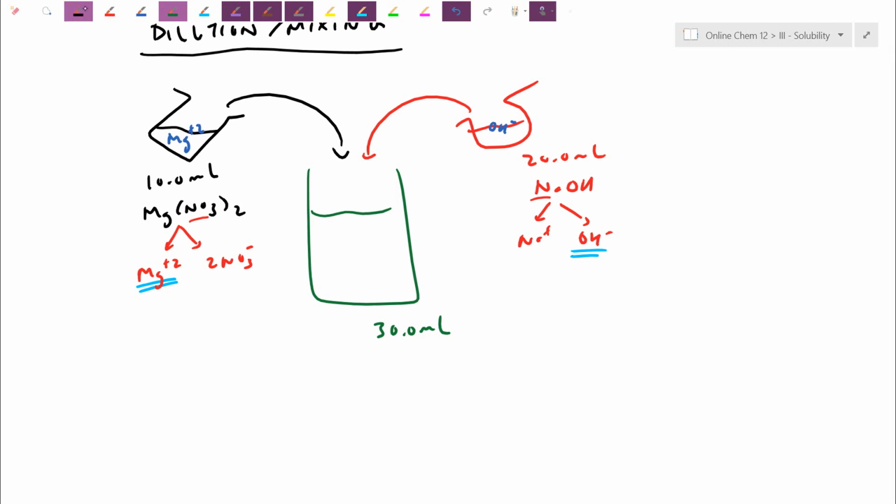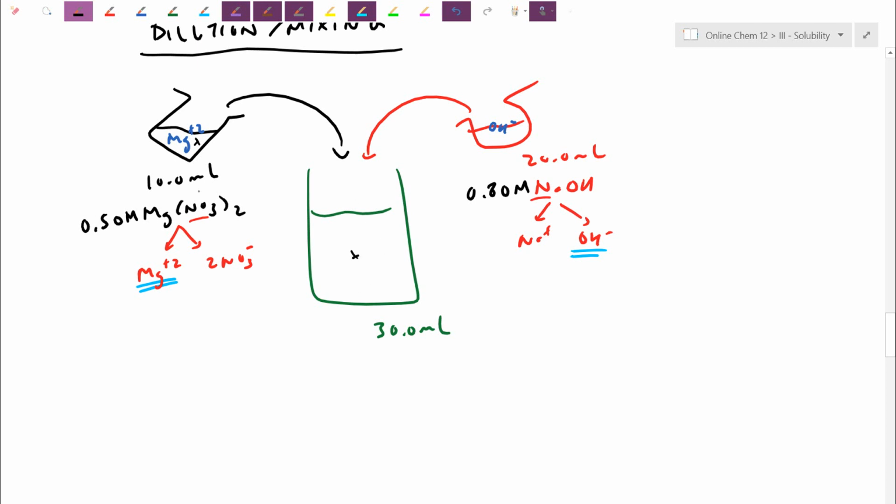What's happened first is, although I may know the concentration, let me give you the concentration. Let's say the concentration here is 0.50 molar Mg(NO3)2, and let's say it's 0.80 molar NaOH, totally making up those numbers. So those are the starting concentrations, but that was only when I was in 10 mL, when I was in 20 mL. But now that I'm mixed into a total pool size that's larger, the number of swimmers here are now going to swim in a bigger pool.